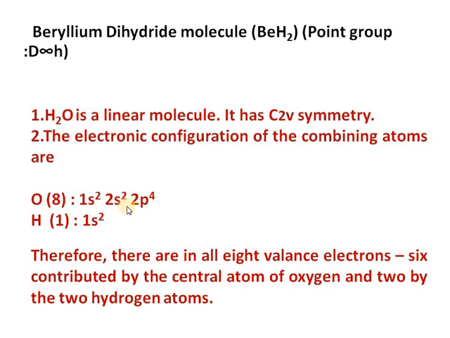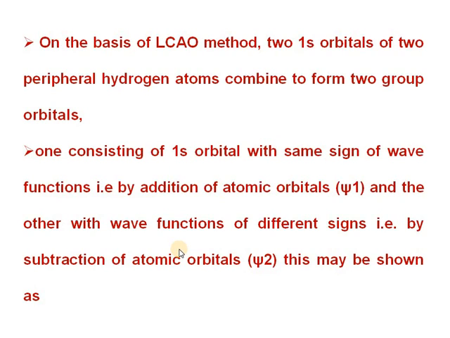Only the 2s2 and 2p4 orbitals and the 1s orbitals of hydrogen can be combined. That is 6 electrons contributed by the central oxygen atom and 2 electrons contributed by the 2 hydrogen atoms. So these combine to get the water molecule.